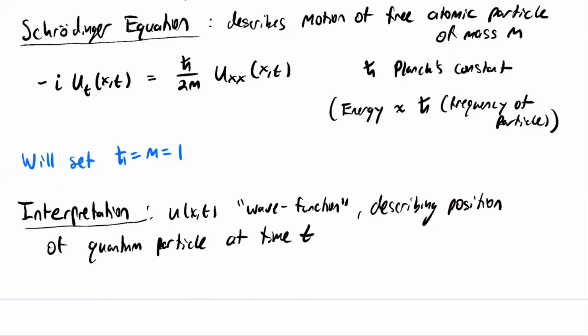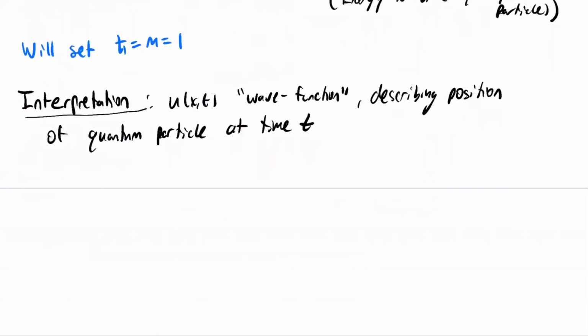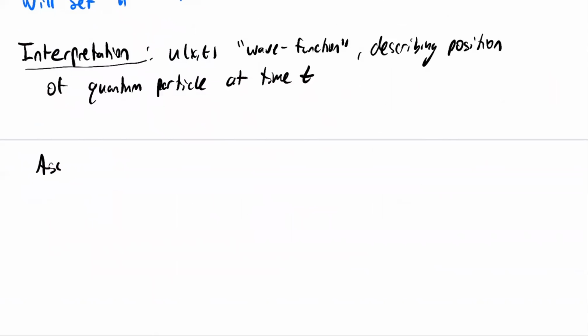The sense in which it describes the position is a little complicated, but I'll sort of summarize the main points now. What we're going to do is assume that the integral from minus infinity to infinity of the absolute value of u of x,t squared dx is equal to 1 for all t.